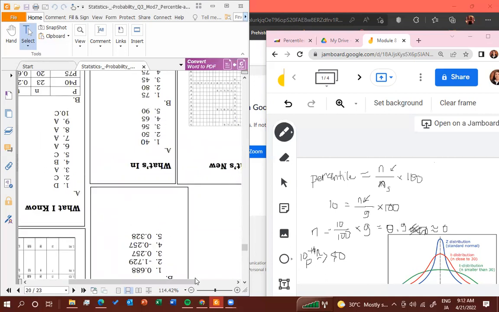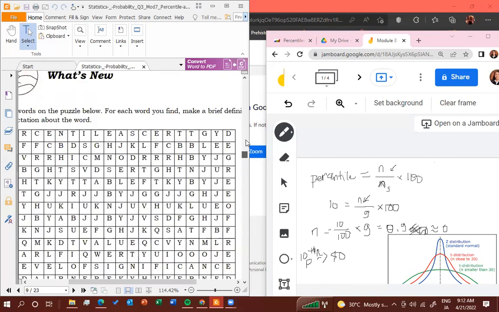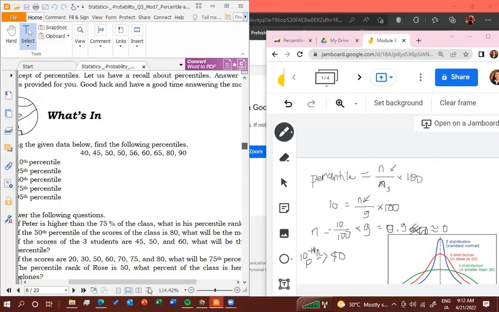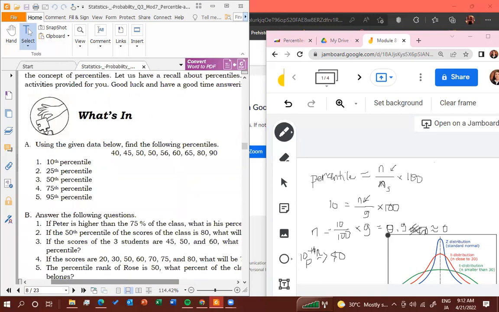If you use the same formula again for the other numbers, you'll find out it's easy. For example, let's look for the 50th percentile using the same formula.